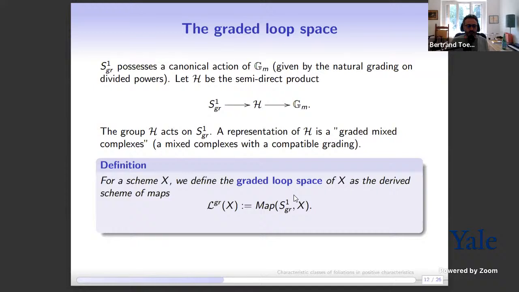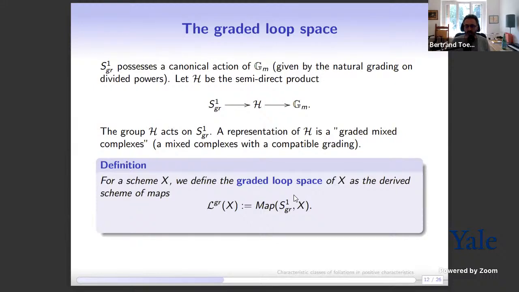That's important. So now for a scheme X, now that I have this graded circle, I define the graded loop space to be maps from the graded circle to X. And X is a scheme here. S1 gr is a group stack, and this mapping space is a derived scheme. So this is an internal Hom inside derived schemes.